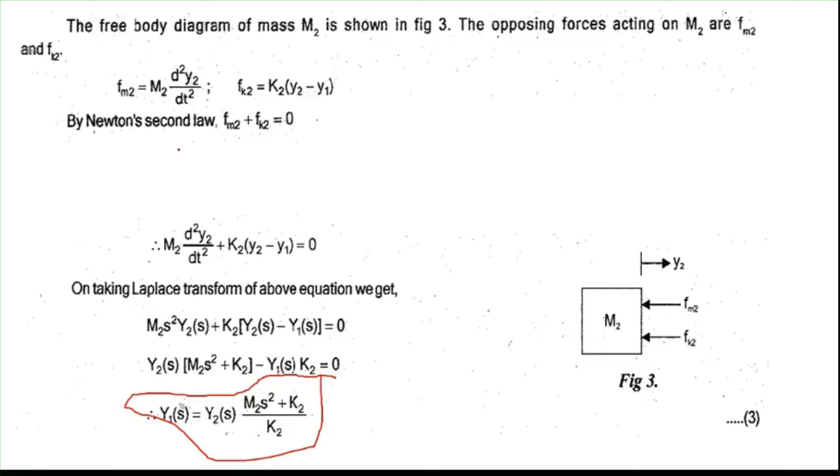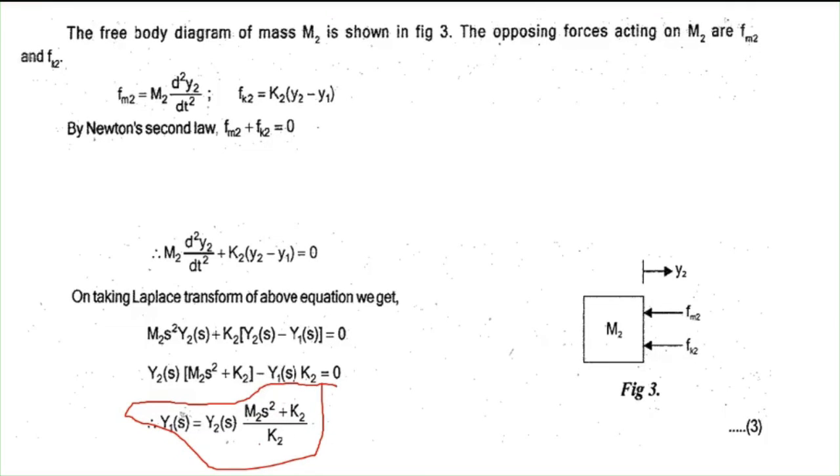So the equation will be m2 into d square y2 by dt square plus k2 into y2 minus y1 equal to 0. Taking the Laplace transform, we get y1 of s equal to y2 of s into m2 s square plus k2, by k2.